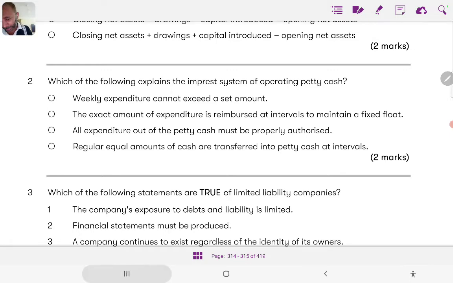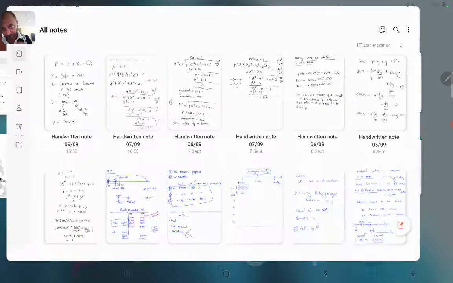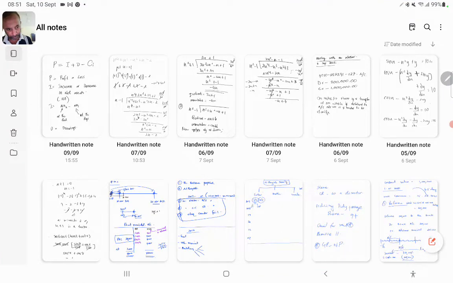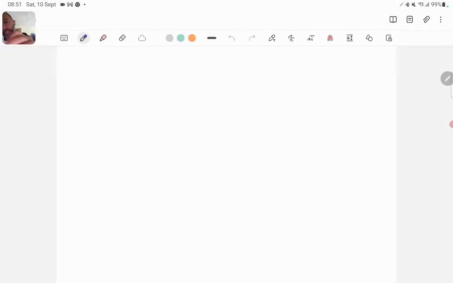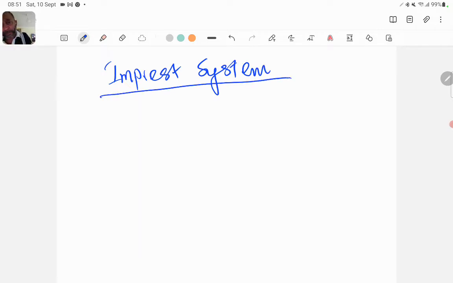Now, to try to understand that, the meaning of imprest system will be when, let's say, you set up a float in a business for usage of petty cash.